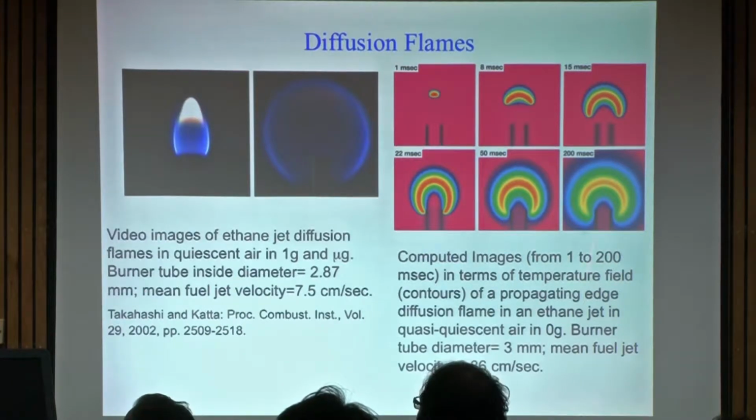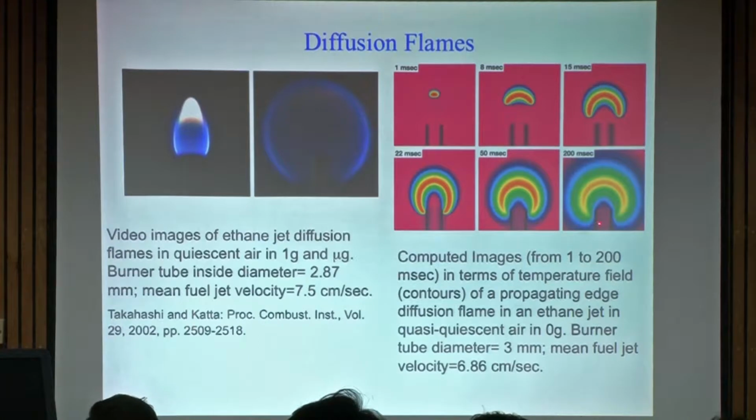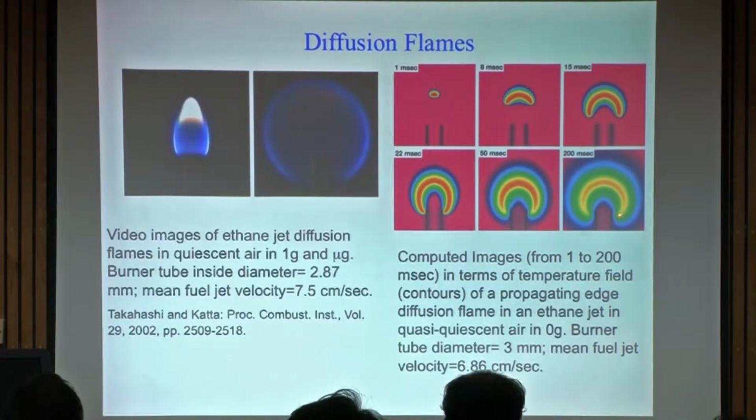Because it is computation, you can control gravity whichever way you want. So without gravity, the flame looks almost spherical. So again, what is shown is this yellow part, that's where the soot is produced. This is a diffusion flame, so it will produce soot in this region.